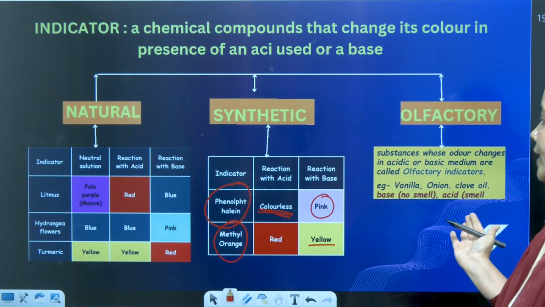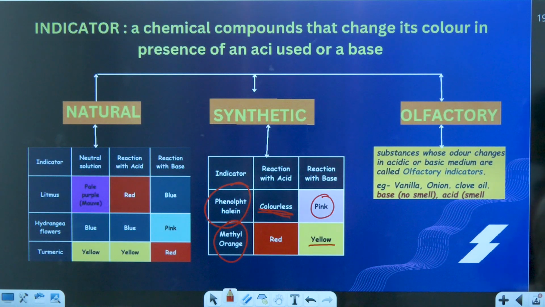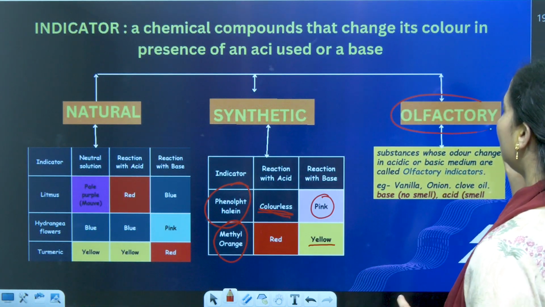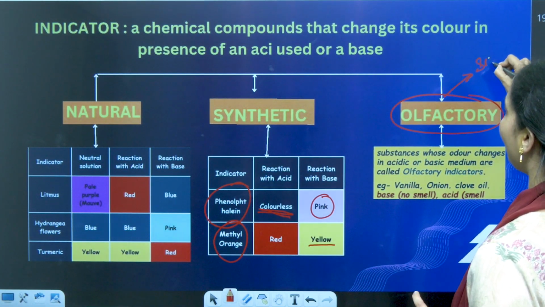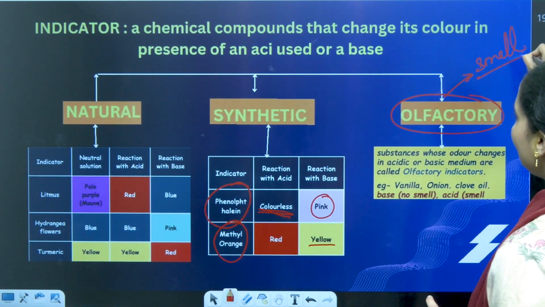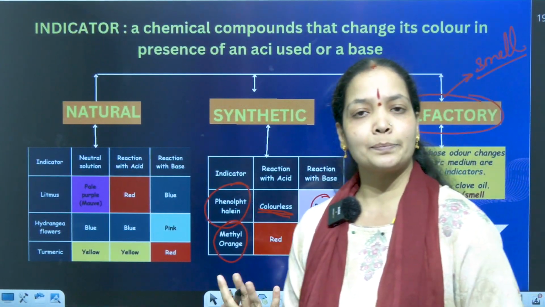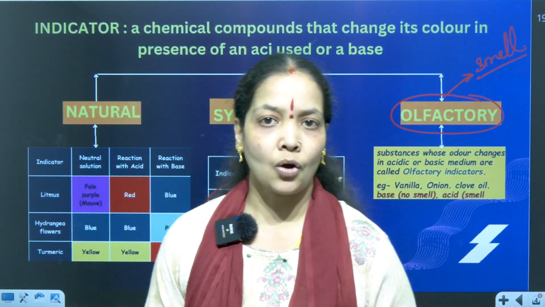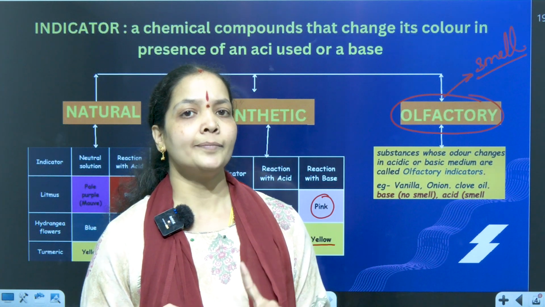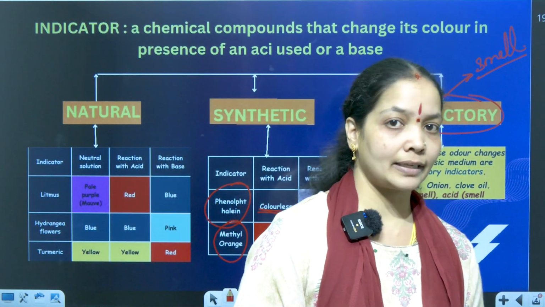The third type of indicator is called olfactory. Olfactory means a substance which liberates smell. There are many naturally found substances which liberate smell, like onion is an olfactory indicator, vanilla essence is an olfactory indicator.